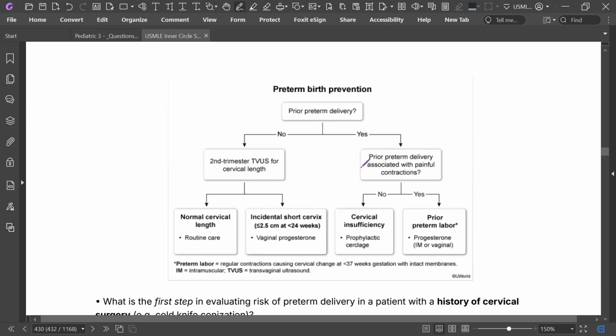Look at this chart, very high yield. There is another chart on how we can prevent preterm birth.